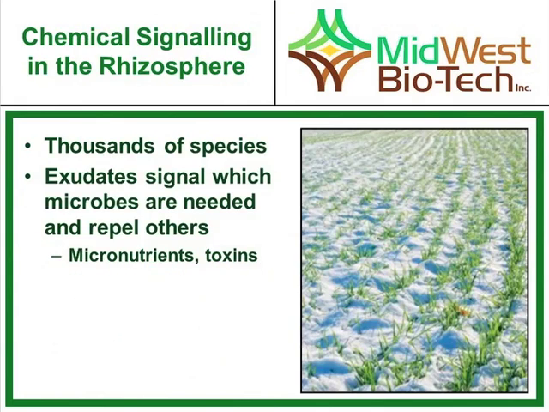In particular, one of the things that happens in the rhizosphere, that area right around the root system, is chemical signaling. The plant and the microbes are signaling back and forth using different biochemicals. In the soil, I've seen estimates of about 10,000 different species of beneficial microbes.